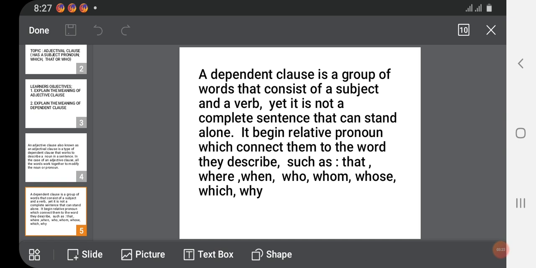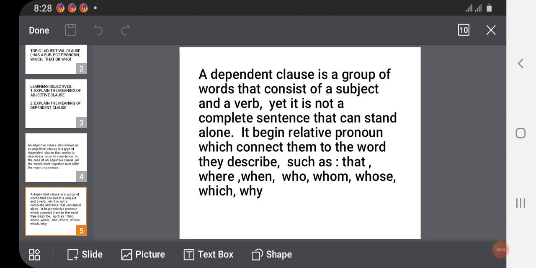So you start with your relative pronoun, which connects them to the word they describe. Remember what a pronoun is. A pronoun is used instead of a noun. It tells you more about a noun.